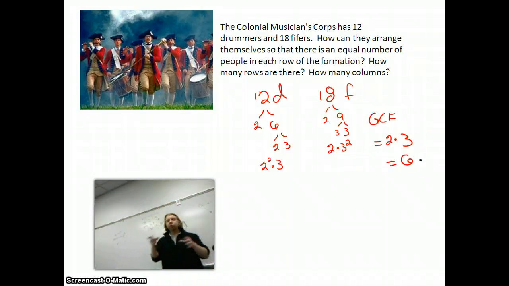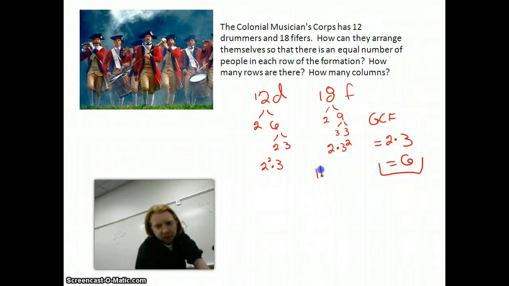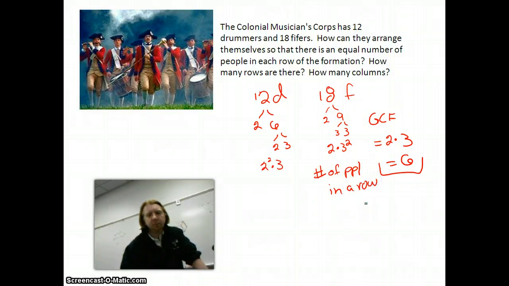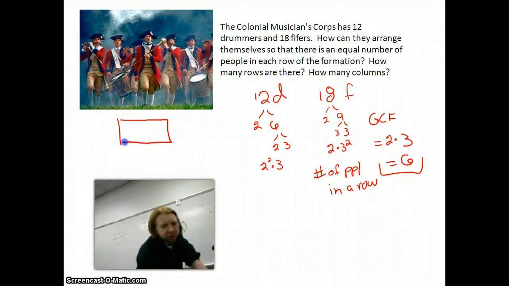As long as the numbers are small, you can actually make a sketch. If the numbers get bigger, that's when you have to start playing around a bit. If the greatest common factor is 6, that is the number of people in a row. So when I organize the formation, here are the drummers at the front.